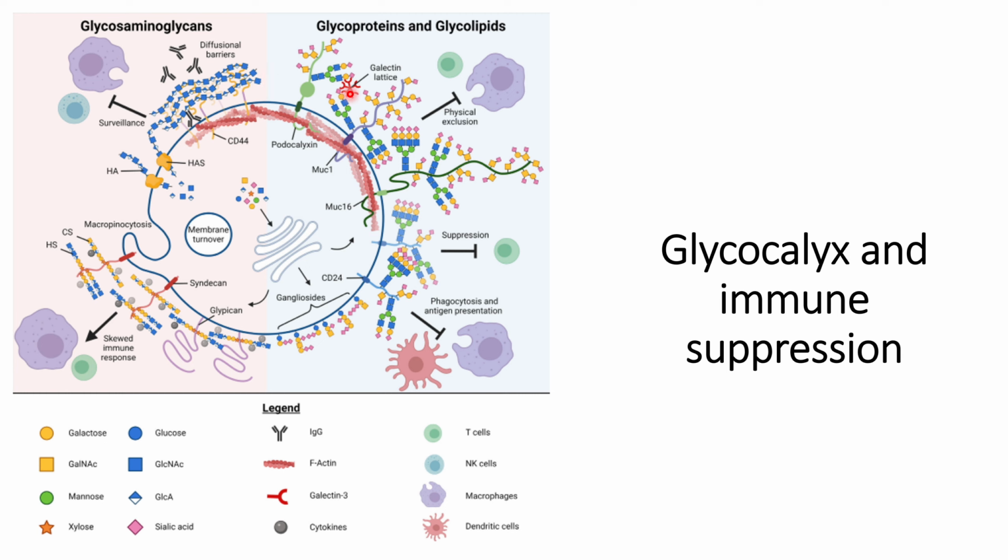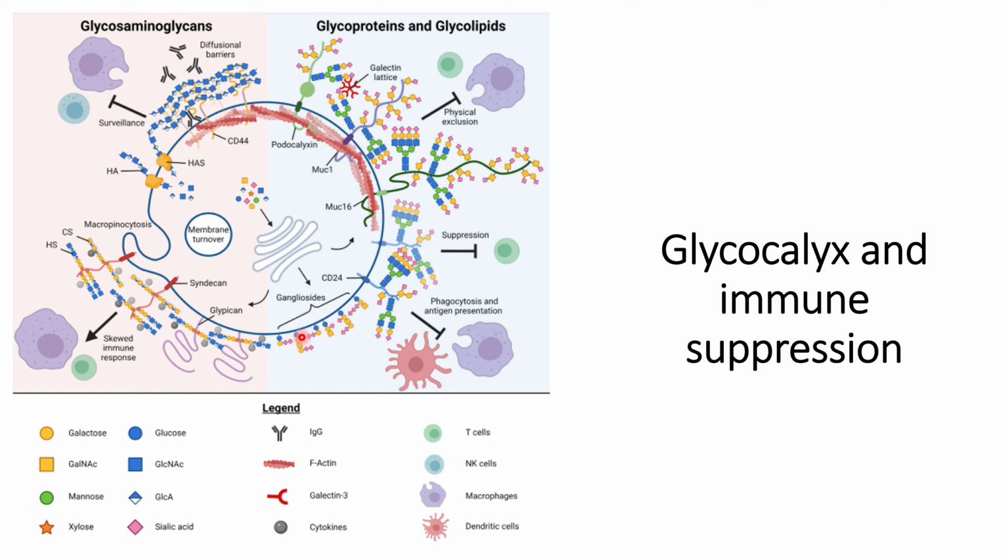Because of this, the glycocalyx can act as a physical barrier that prevents the immune cells from coming and detecting the non-self epitope within these mutated cancer cells or tumor cells, thereby helping in immune evasion, we can say.